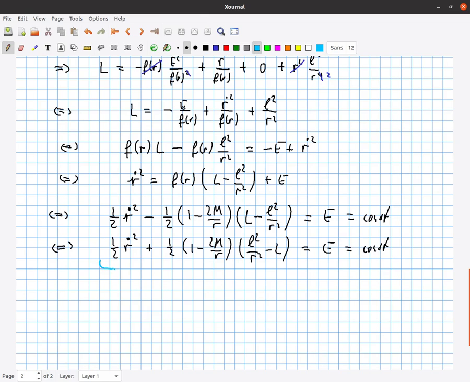What is the interpretation of a term like this in classical mechanics? Kinetic energy. And yes, you can argue that the mass parameter is missing. However, just think about kinetic energy and then you divide by the mass. If you interpret this sensibly as kinetic energy and you already spot that the right-hand side is a constant, then this must be interpreted as potential energy.